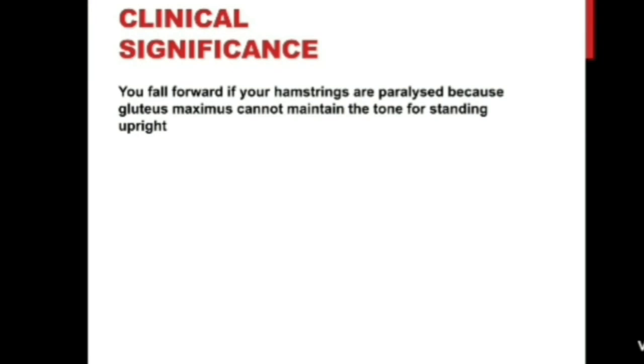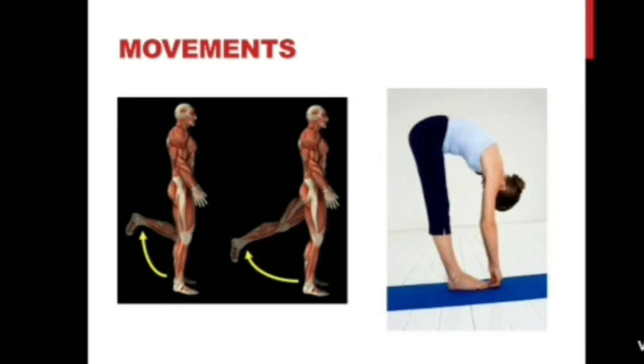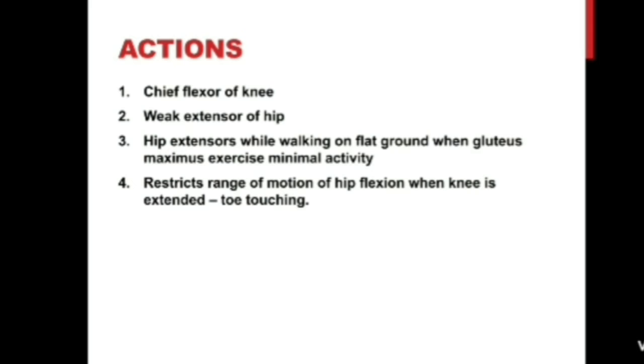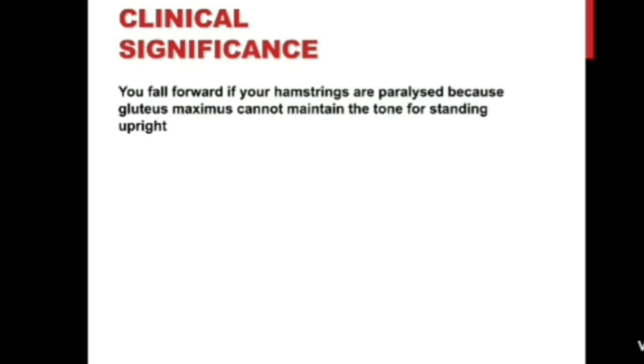Why are we learning about these hamstring muscles? What's their clinical significance, so to speak? If a person's hamstring muscles are not working properly, we also saw that it helps in movement while walking on flat ground. So it also helps maintain the upright posture. So if they are paralyzed due to whatever reason, the gluteus maximus muscle alone cannot help you stand in an erect position.